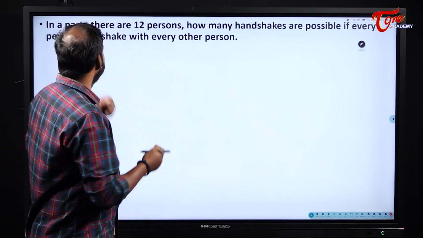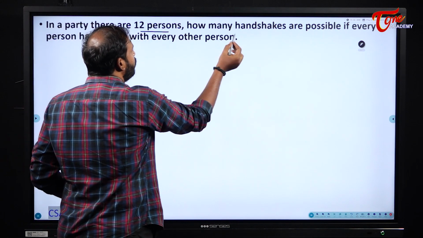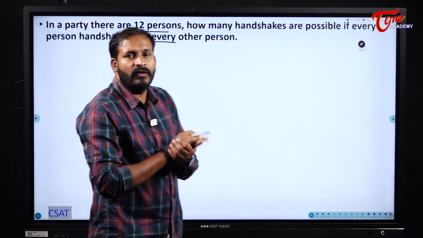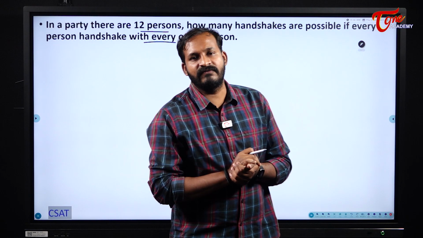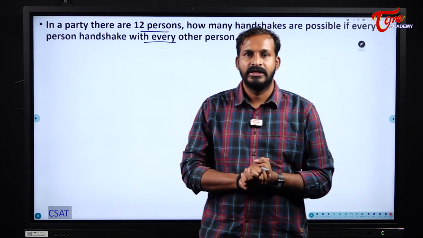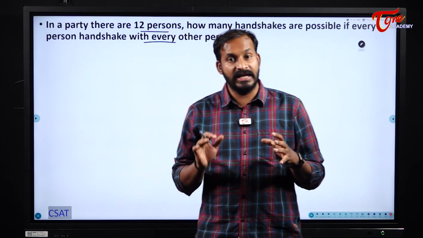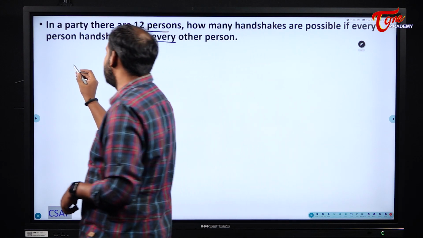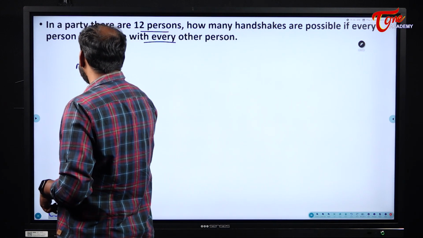See here, the question is, in a party there are 12 persons, how many handshakes? To give one handshake, how many persons are required? 2 persons are required. So not only in this case, any event, this is one of the standard ones, write it as a note.